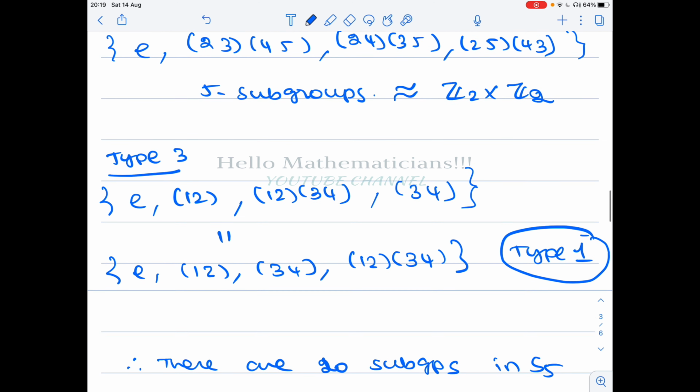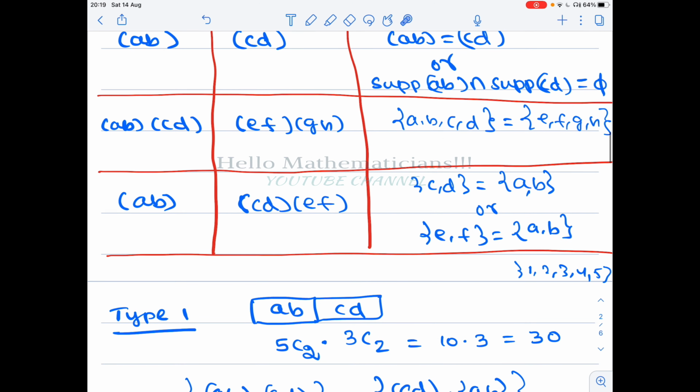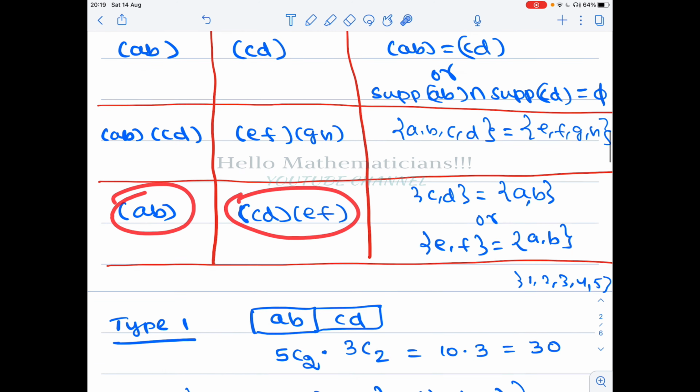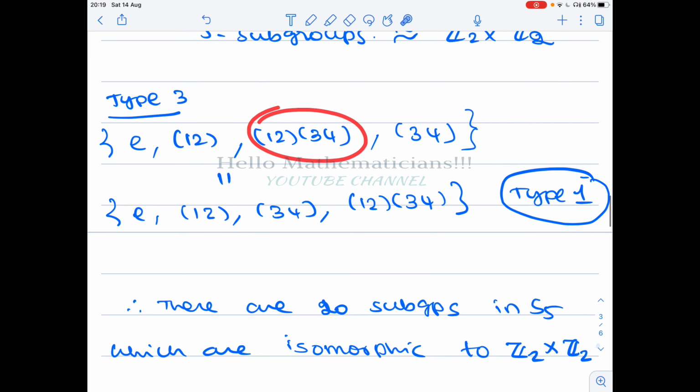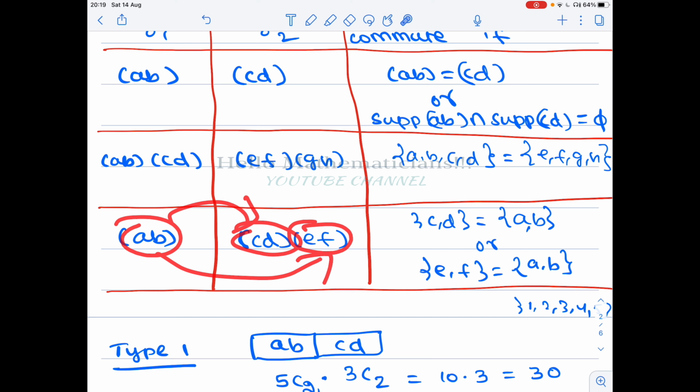Let's look at type 3. Type 3 means it should be a 2-cycle, and then a product of 2-cycles. For example, consider 1 2. Then we saw that these two elements commute if either CD is equal to AB or EF is equal to AB.